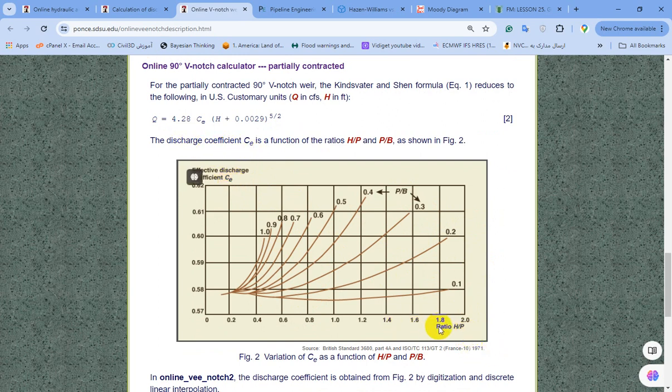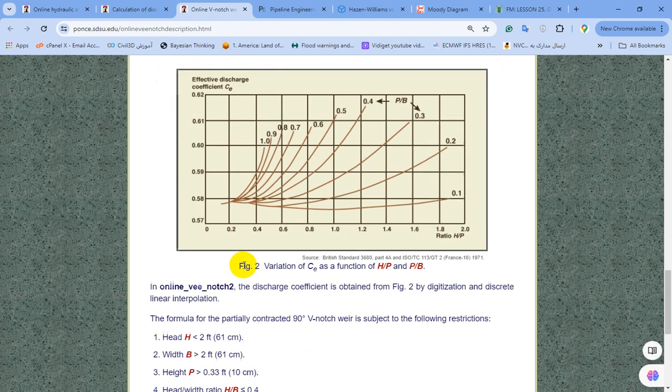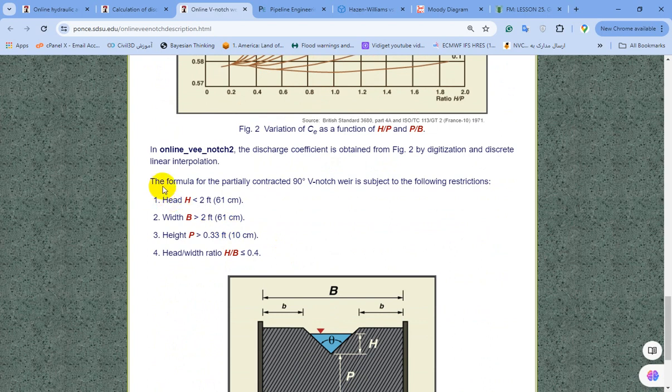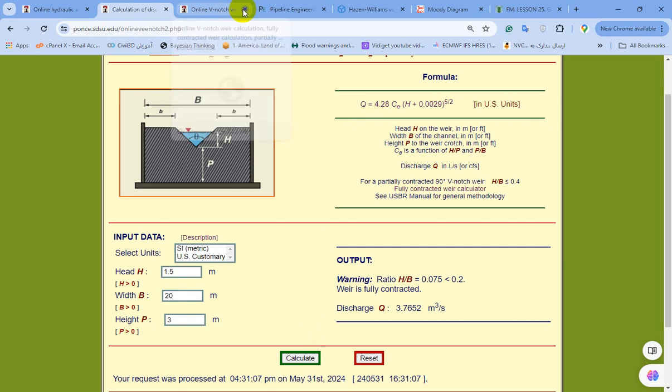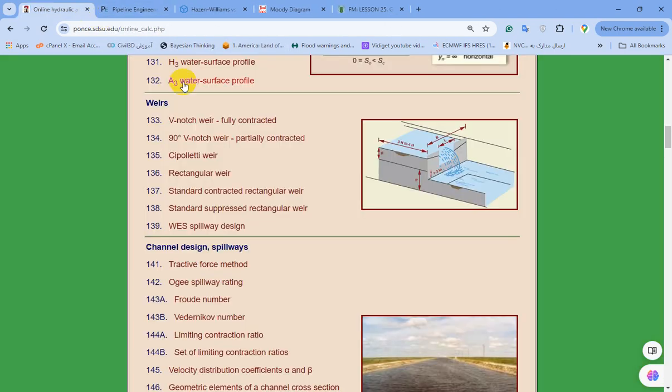For example, if the ratio of H per B equals 1.2 and the P per B equals 0.3, by intersecting these values or these curves and going to the left side, you can find that the CE value ranges from 59 to 60. And these are the limitations of this weir. Okay, so let me close.